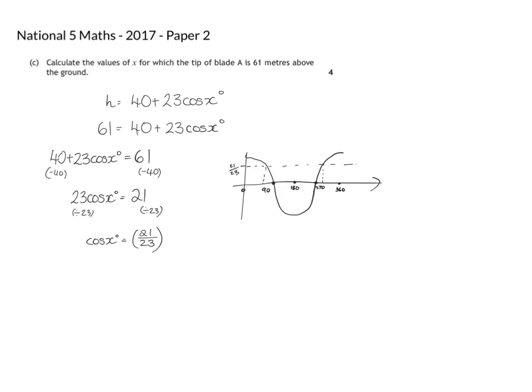So to do this we need to first of all find our acute angle, and we're doing this by finding the inverse cos of 21 over 23.